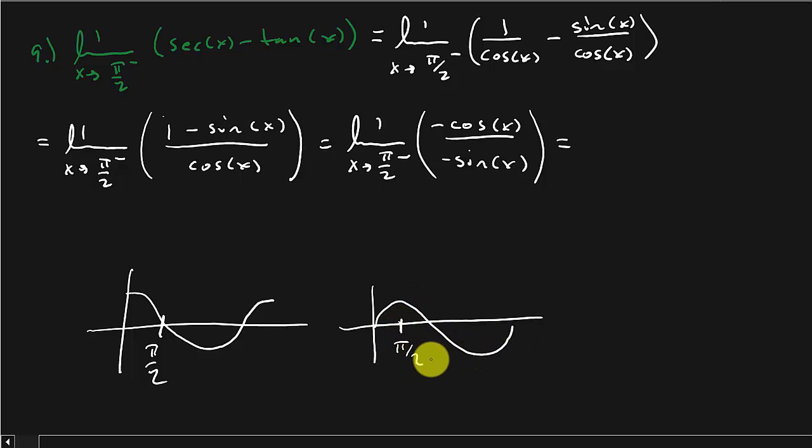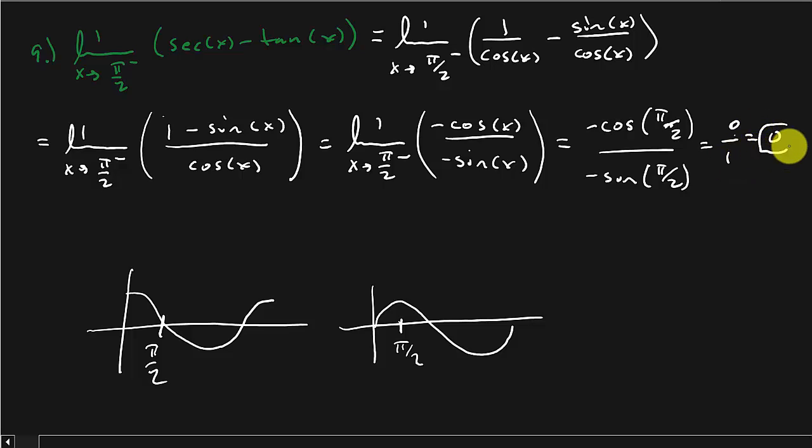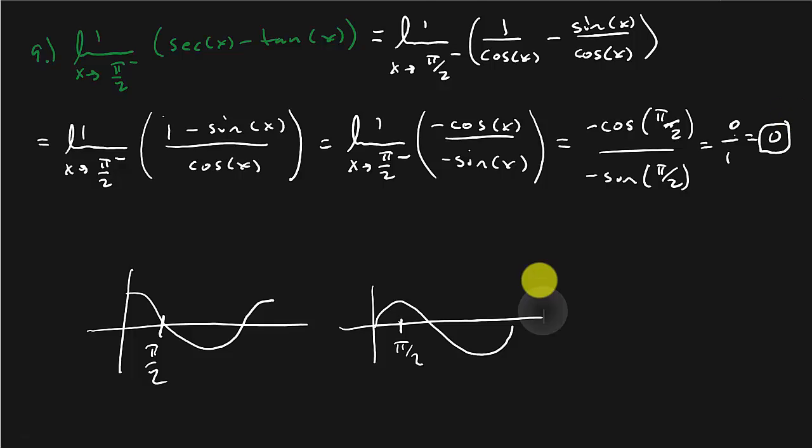There's pi over 2 for sine. So I've got what? That's 0 over 1, right? Negative cosine of pi over 2 over negative sine pi over 2 is 0 over 1, which is 0. There's your answer. All right, see, stuff's not bad.